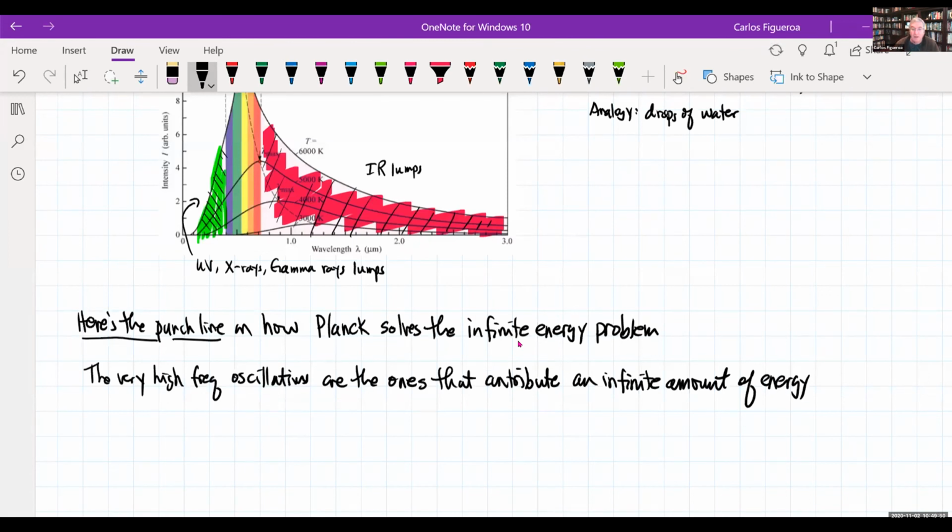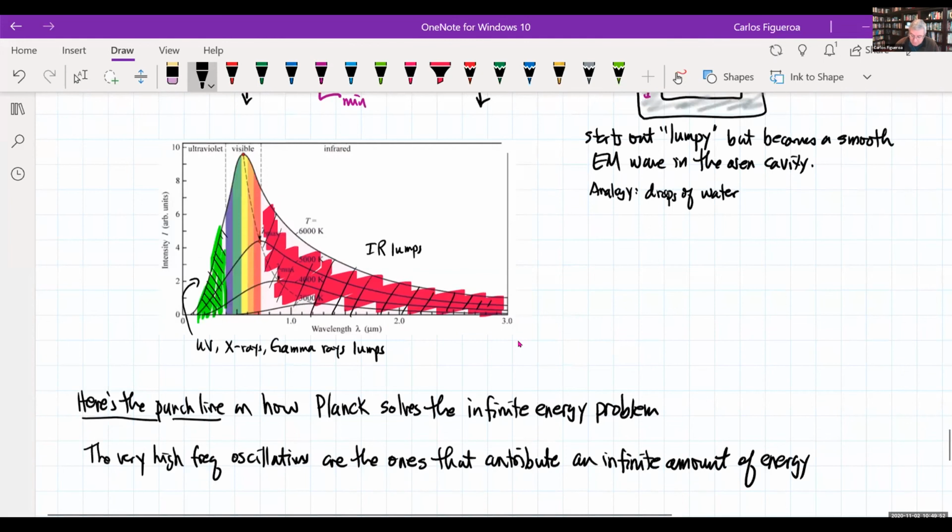And look at what classical physics does. What does classical physics say? Look at the curve. This is the classical physics line right here. And you could see there is my infinite energy right there. So it's these little SOBs in the lime green that are causing the infinite energy here.